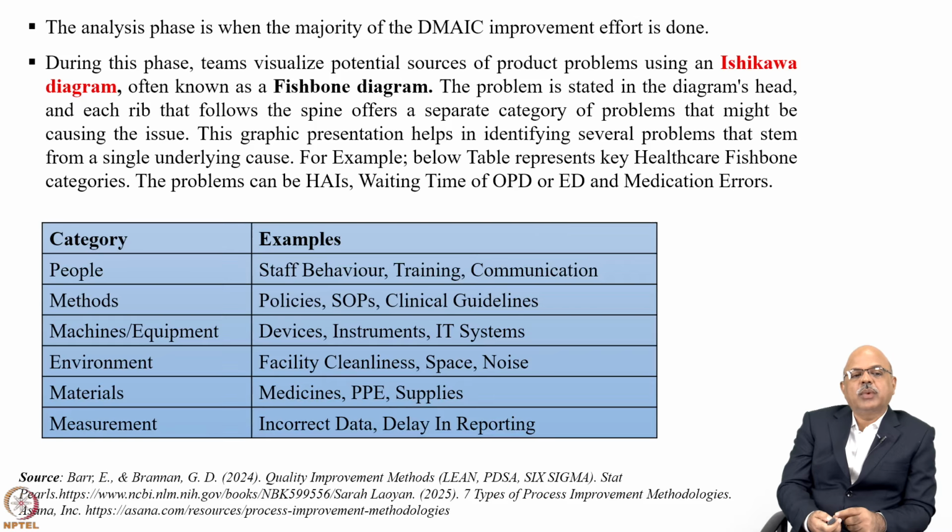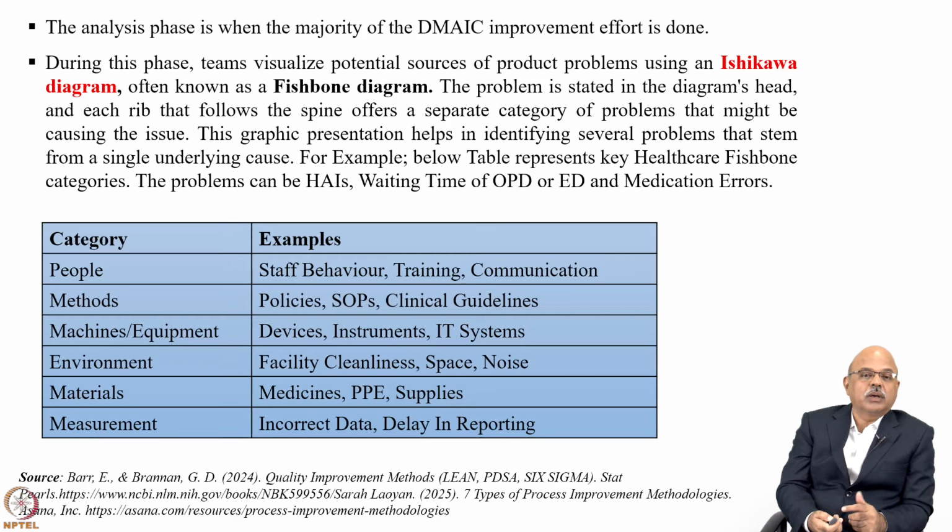The categories can be people, where you may say the hospital staff, the training, or even healthcare communication. The first and very strong bone of the fishbone diagram can be people. The second is methods.